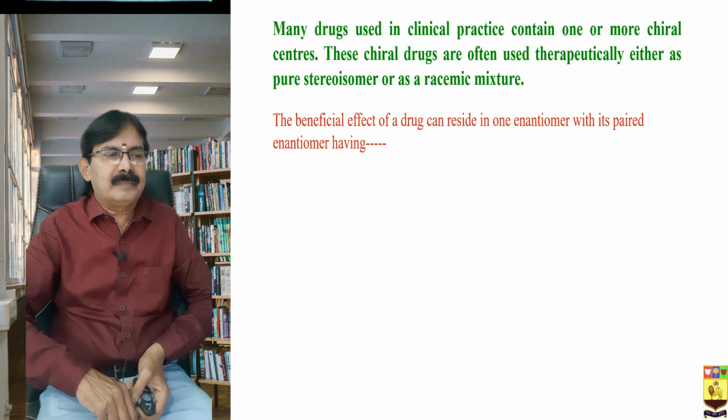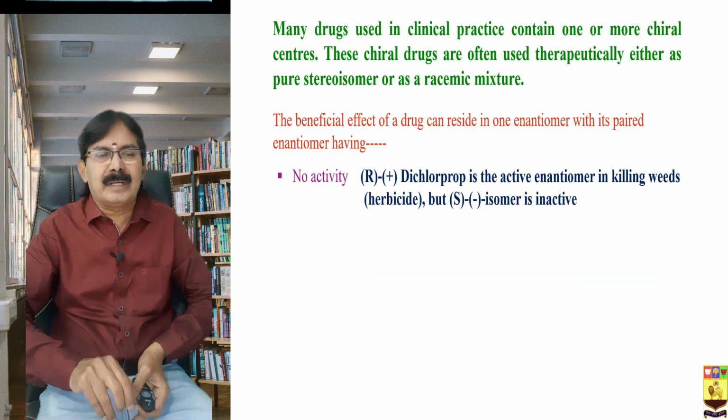In this example, the R-plus dichlorprop is the active enantiomer in killing weeds, which is a herbicide. But on the other hand, the S-minus isomer is inactive.